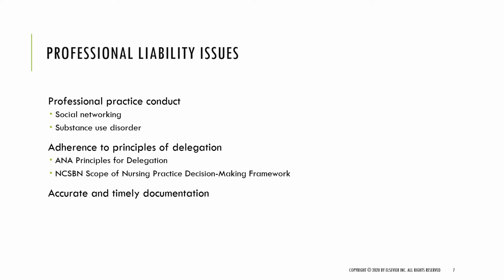The registered nurse has three professional liabilities that are of particular concern, which again are professional practice conduct, adherence to the principles of delegation established by the American Nurses Association and the state's Nurse Practice Act, and then accurate and timely documentation. In all patient situations, it's extremely important that nurses recognize their authority and take intentional steps to avoid misconduct.